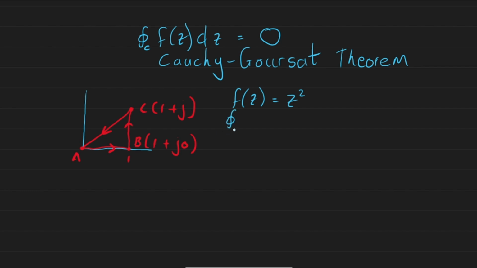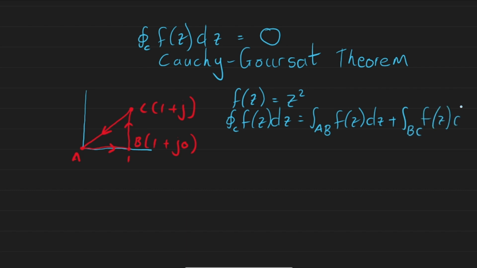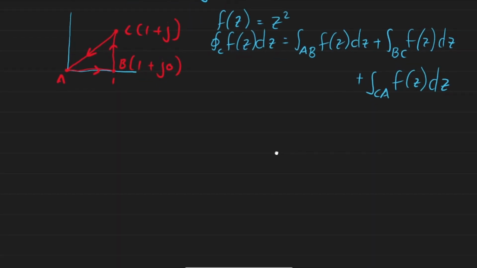So this line integral around this entire path C of f(z) dz is going to equal the integral from A to B of f(z) dz, plus the integral from B to C of f(z) dz, and then finally the integral from C to A of f(z) dz. How we're going to apply it is by using this line integral that we had derived earlier in terms of u and v.